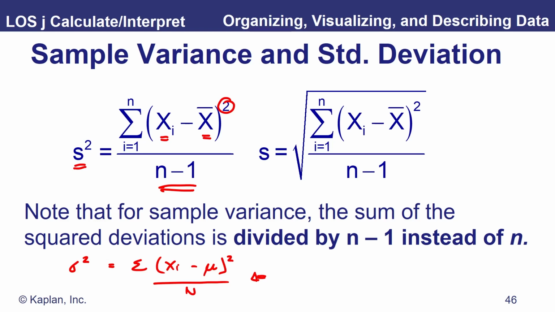So standard deviation has the same measurement scale as the data set itself, whereas variance doesn't. Variance is very useful mathematically, standard deviation far easier to actually interpret. And we interpret our standard deviation essentially as the average distance from the arithmetic mean.